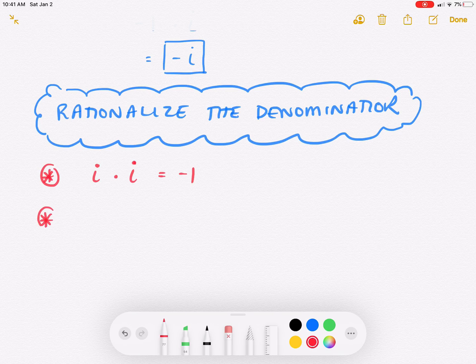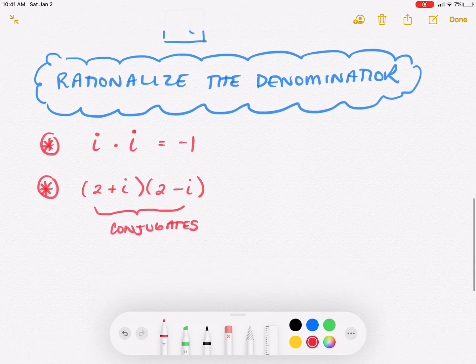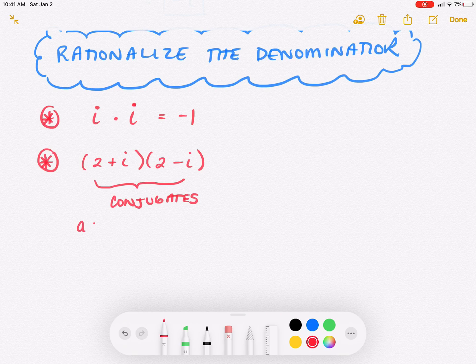The next concept is I want you to see what happens when we multiply conjugates. Let's suppose we do something like 2 plus i and 2 minus i. So remember, these are conjugates. They're plus or minus pairs. And conjugates, the conjugate of a plus bi would be a minus bi. Well, let's see what happens when we multiply conjugates. 2 times 2 is going to make 4. 2 times negative i is negative 2i.